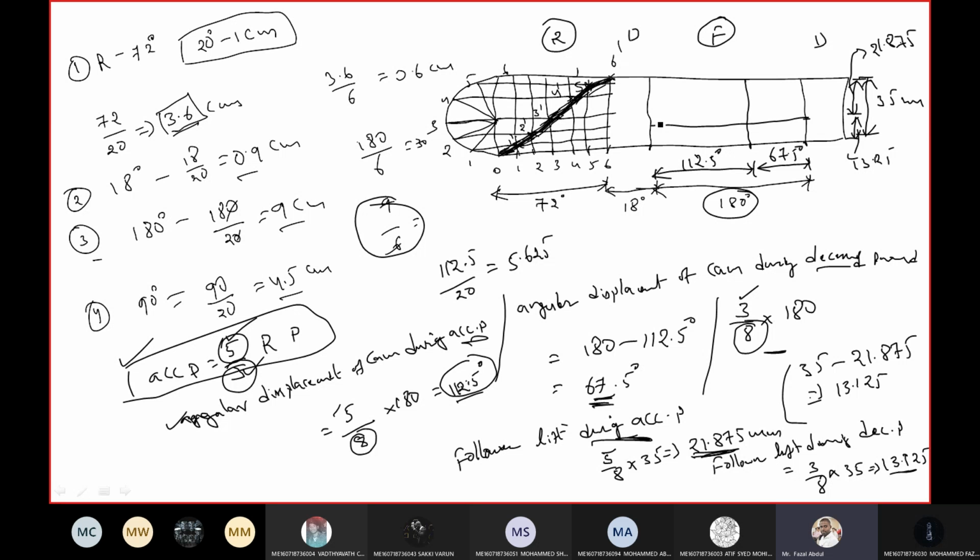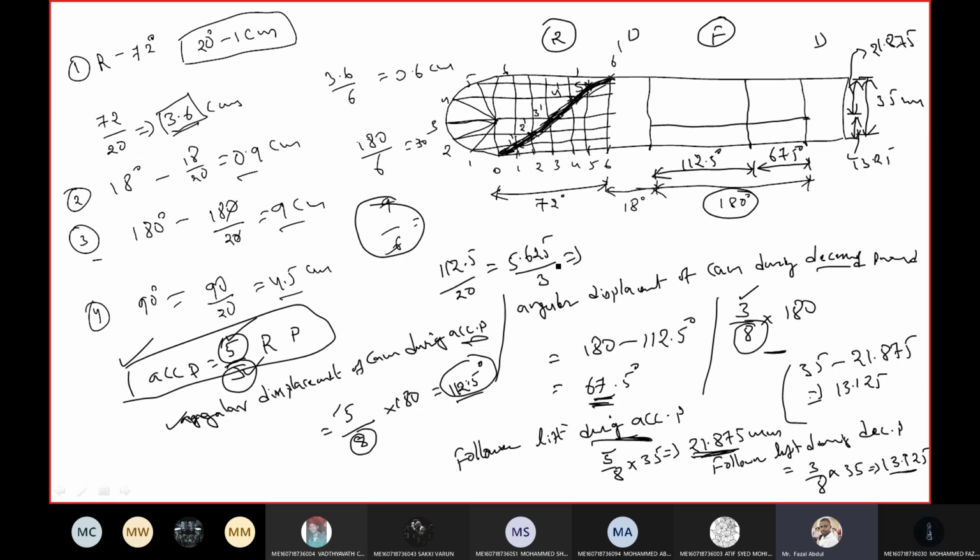Now, the first box, the first line from here to here, we need to divide into 3 equal parts, because we divided here into 6 equal parts. It means here 3, here 3, here 3, here 3, like that we need to divide. How much is here to here? 5.625. So 5.625 divided by 3.